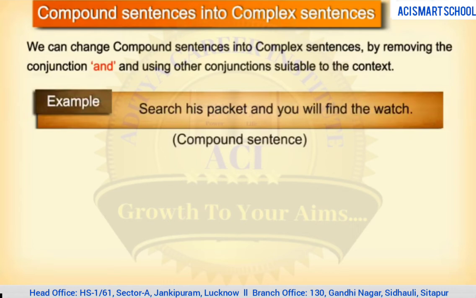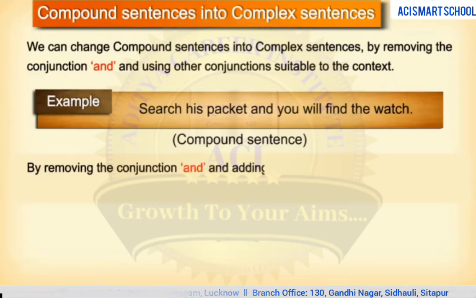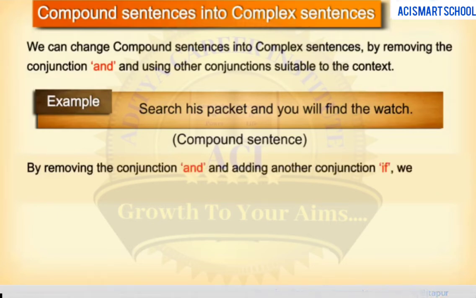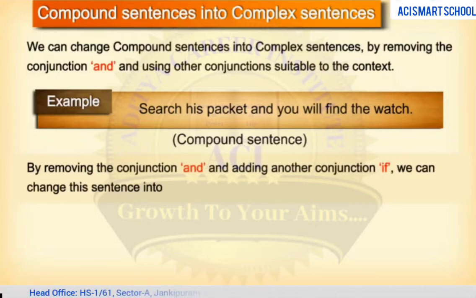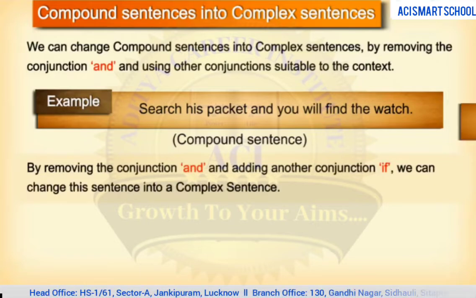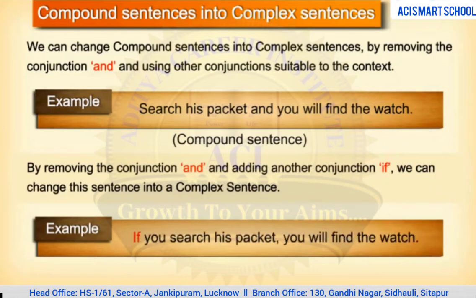Search his packet and you will find the watch. By removing the conjunction and adding another conjunction if, we can change this sentence into a complex sentence, which will be, if you search his packet, you will find the watch. Hence, this is a complex sentence.